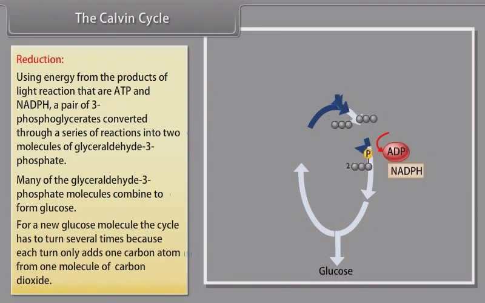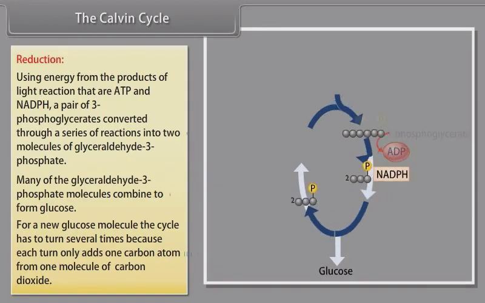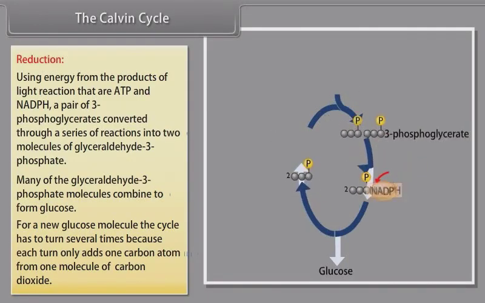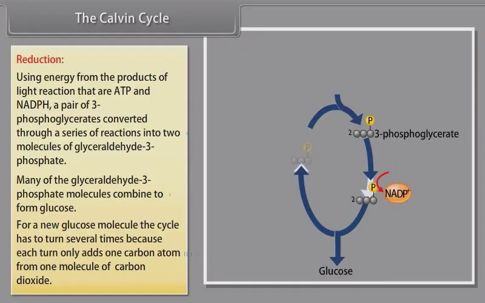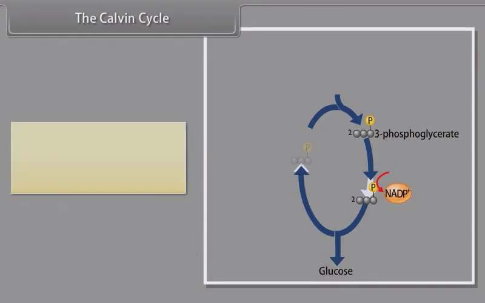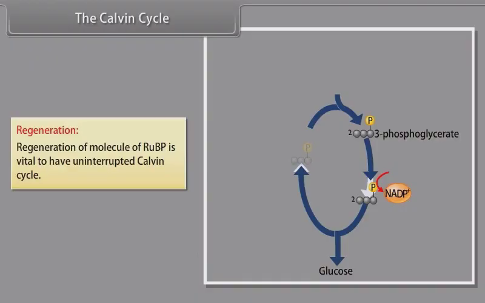For a new glucose molecule, the cycle has to turn several times because each turn only adds 1 carbon atom from 1 molecule of carbon dioxide. Regeneration. Regeneration of molecule of RuBP is vital to have uninterrupted Calvin cycle.